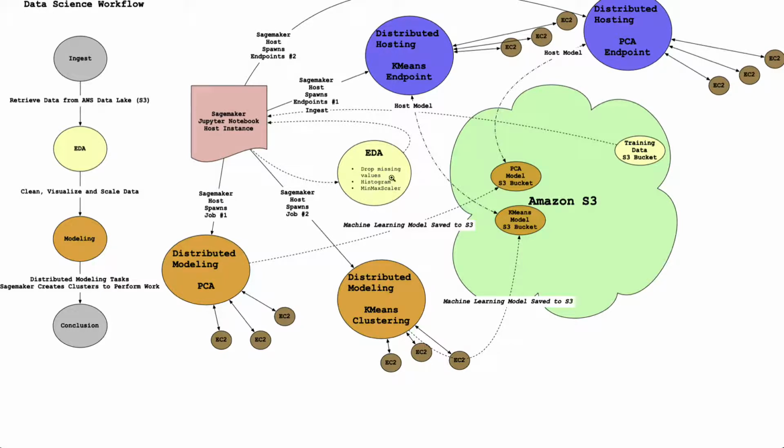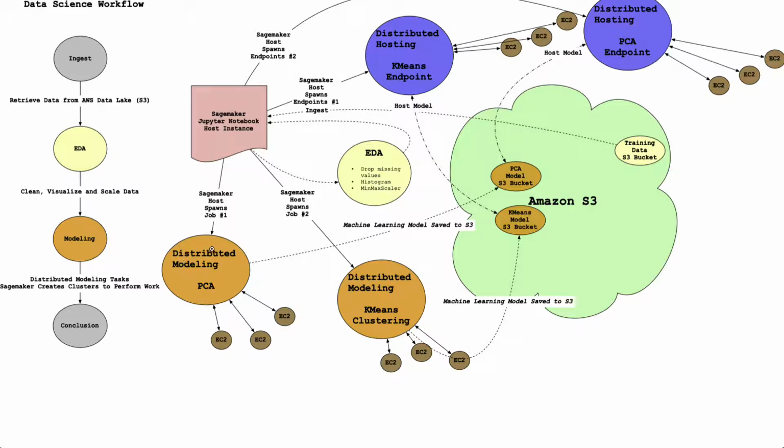Next, though, you might need to clean the data up, do some kind of exploratory data analysis, drop missing values, do a histogram, maybe do some kind of scaling. Well, that exploratory data analysis here also may require spinning up other resources. Finally, let's say you're ready to go. You want to then build out maybe some kind of a clustering model. Well, you might have to first provision a bunch of different virtual machines.